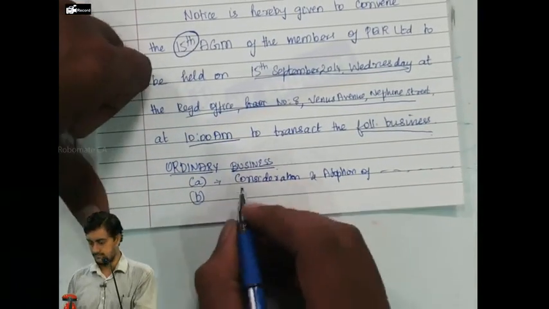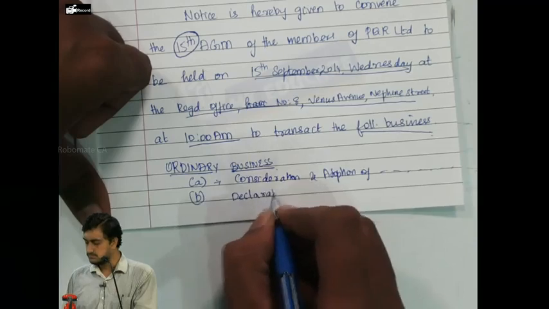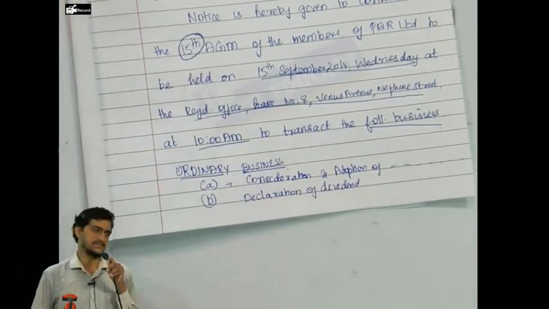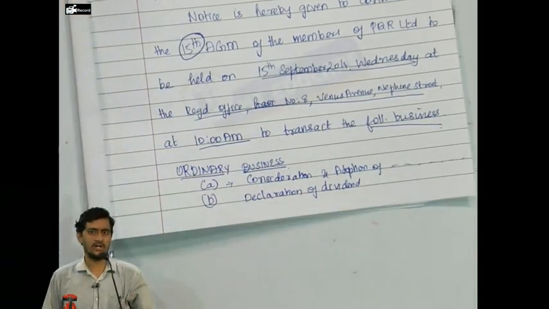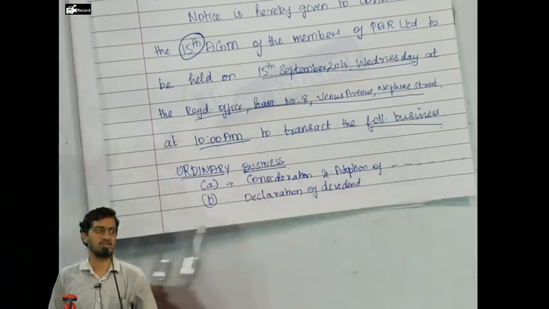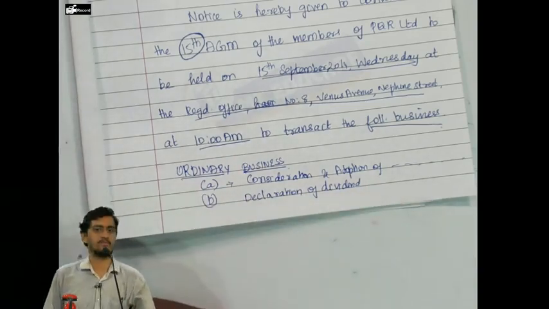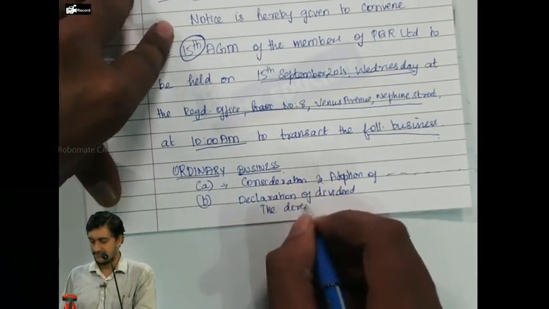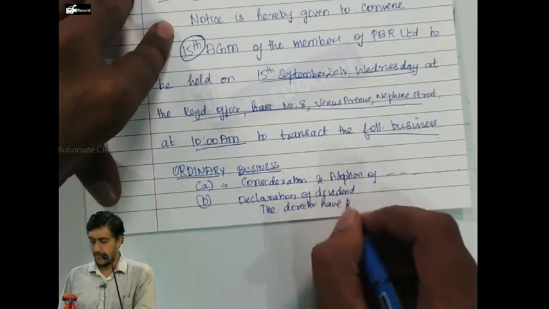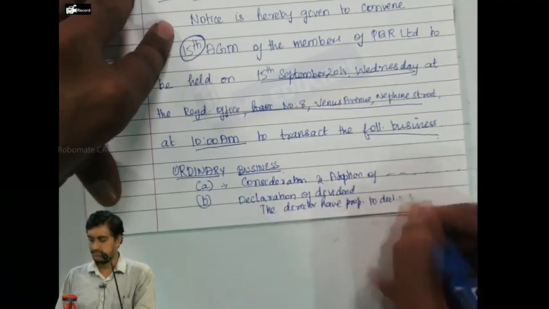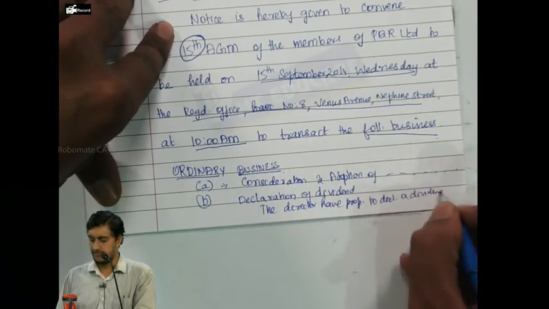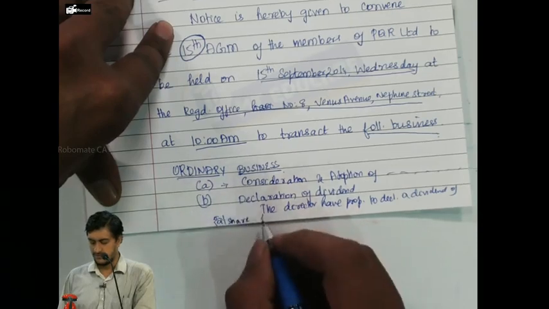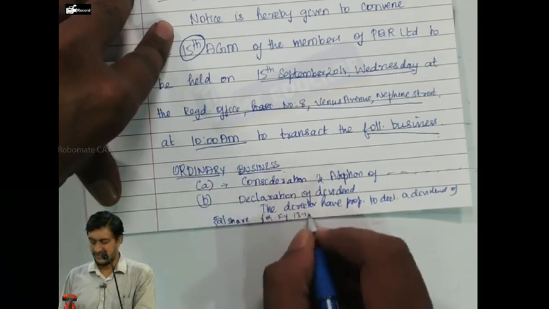Next you will write declaration of dividend. Don't just write declaration of dividend, because the shareholder should know what percentage of dividend is proposed to be declared. So below this you can write, the directors have proposed to declare a dividend of ₹2 per share for the financial year 13-14.